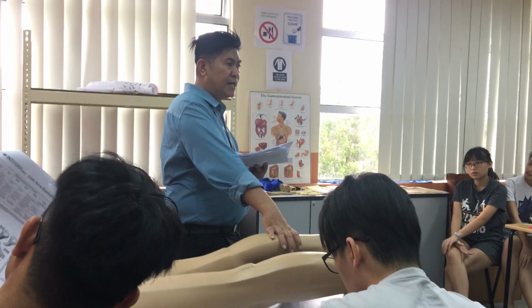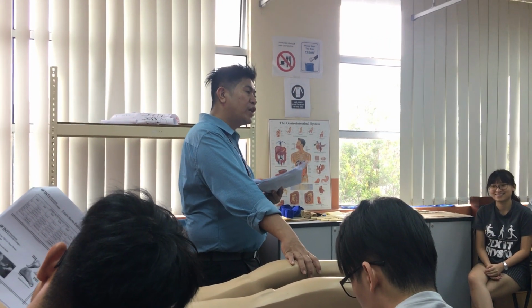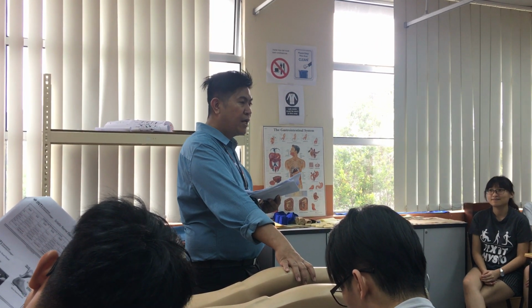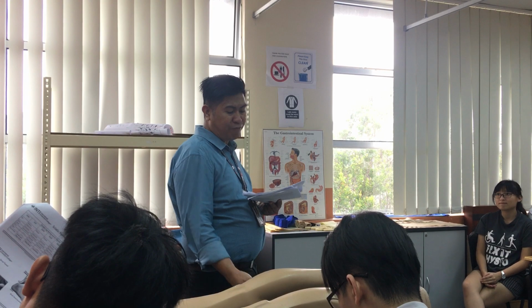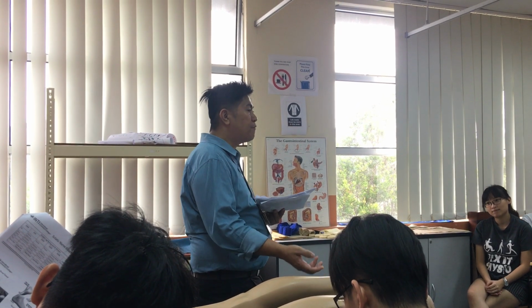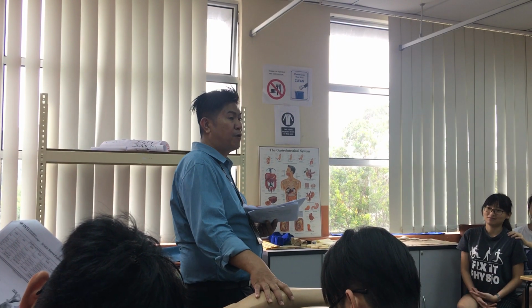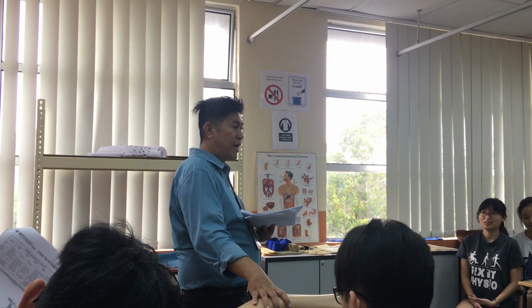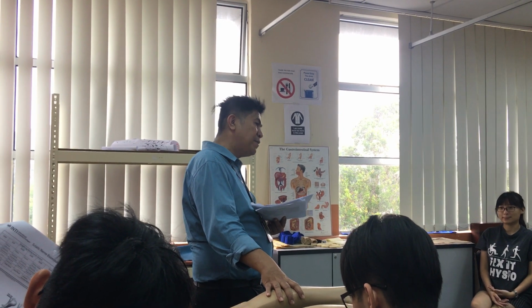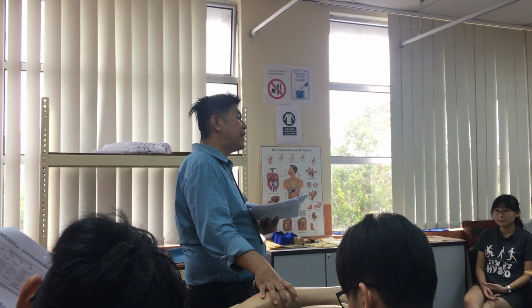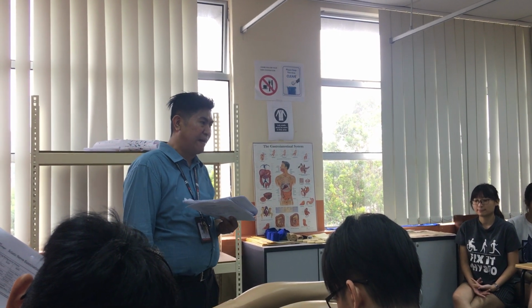Do you understand? If I'm suspecting a common peroneal nerve injury, what shall I do? I will have to check both my superficial and deep peroneal nerves because both are branches of the common peroneal nerve. If the entire common peroneal nerve is damaged, the main branch, then there will be paralysis of all the muscles located at the anterolateral compartment of the leg.